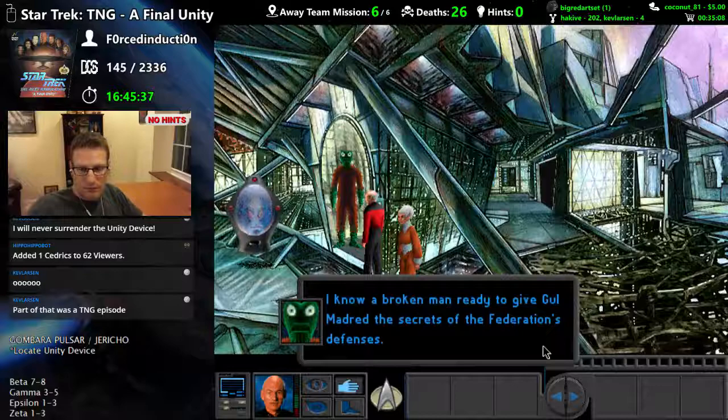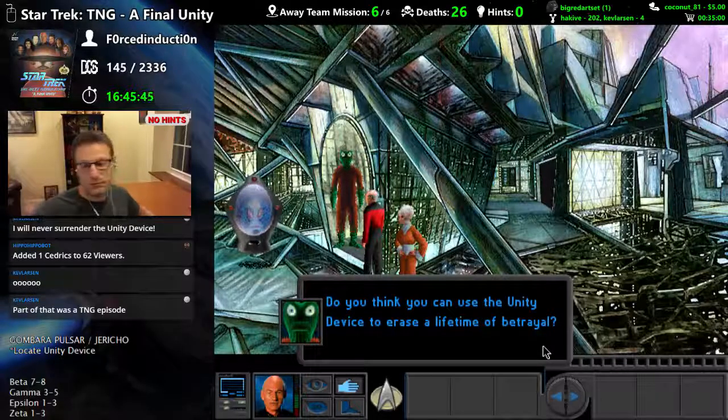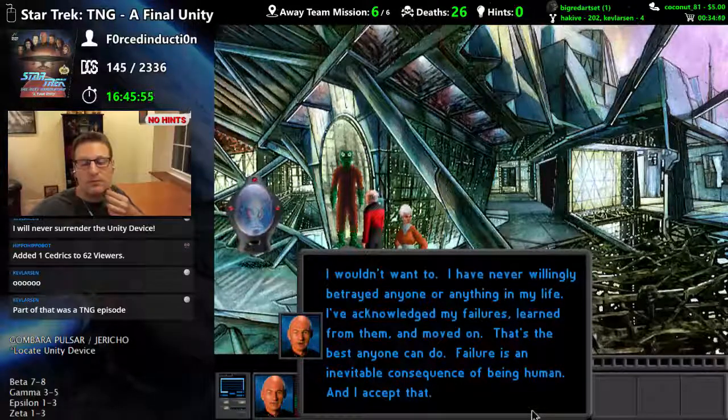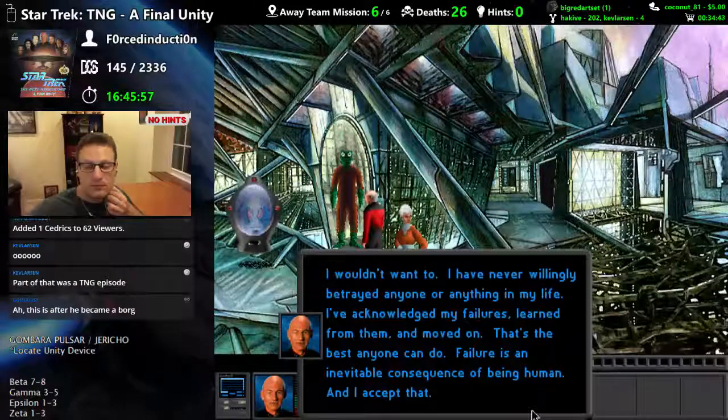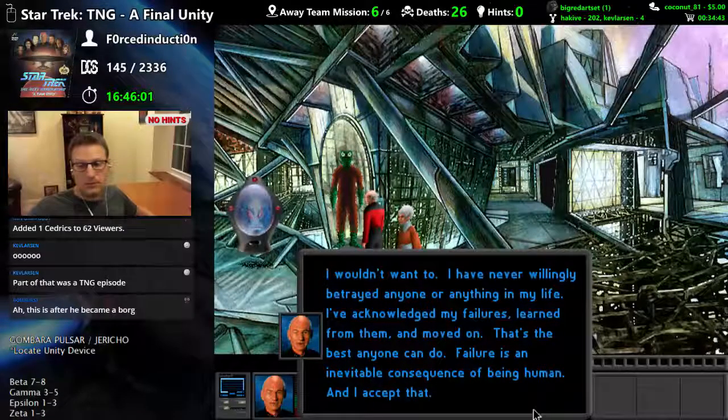I know a broken man ready to give Gul Madred the secrets of the Federation's defenses. Do you think you can use the Unity device to erase a lifetime of betrayal? Poppycock. I wouldn't want to. I have never willingly betrayed anyone or anything in my life. I've acknowledged my failures, learned from them, and moved on. That's the best anyone can do. Failure is an inevitable consequence of being human, and I accept that.